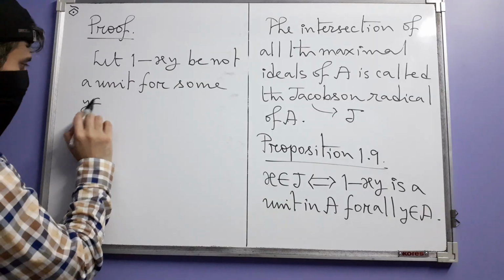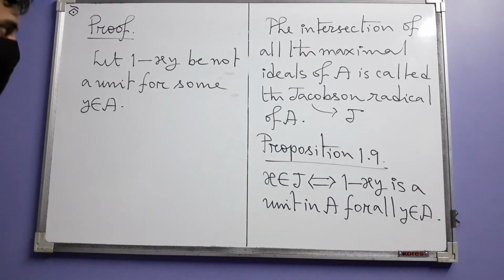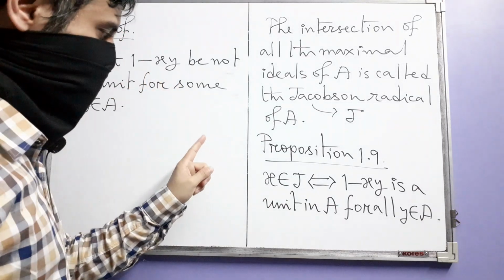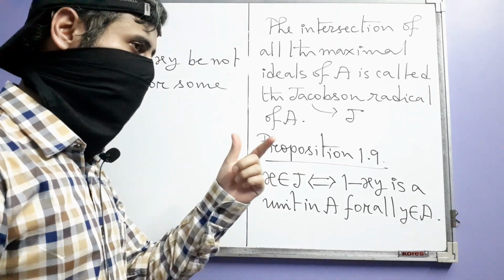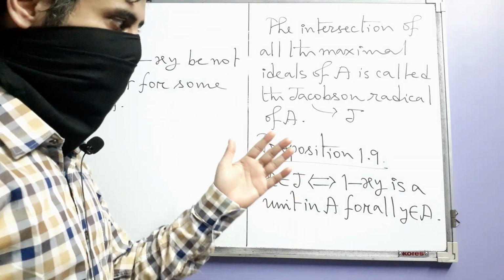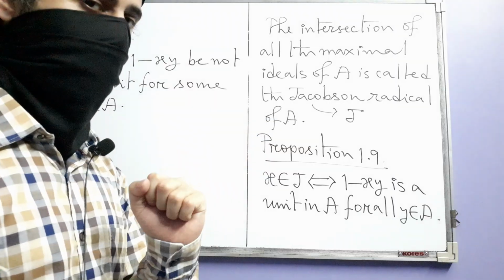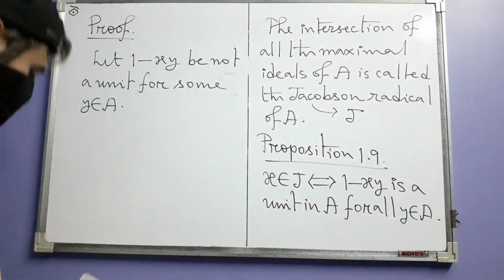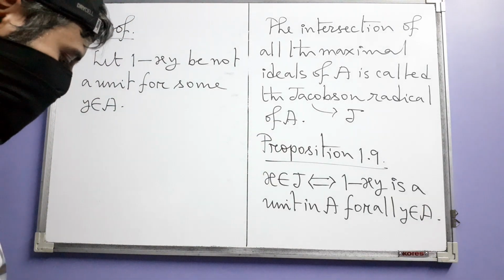for some y in A. Now you recall a previous result which tells us that every non-unit is contained in a maximal ideal. We got this result as one corollary to the existence of maximal ideals, and it is corollary 1.5.